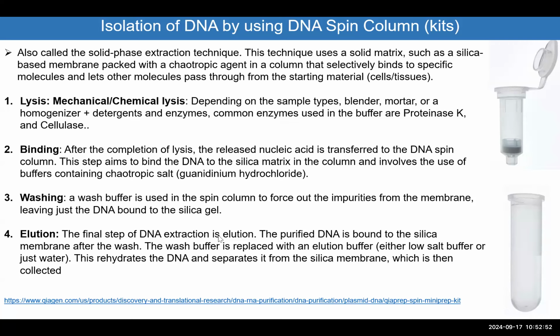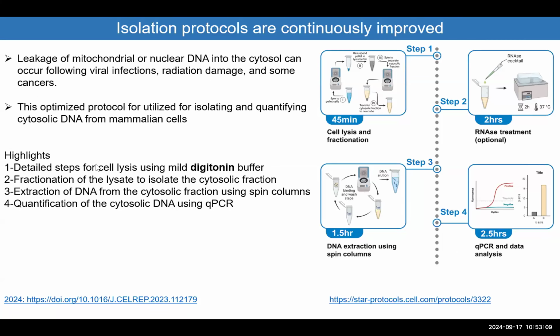That saves you a lot of time, but the concept is the same. And I'm sure nowadays nobody is using the phenol chloroform extraction to extract DNA. People are using these columns.